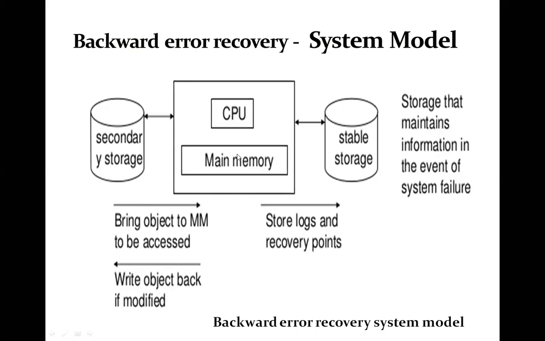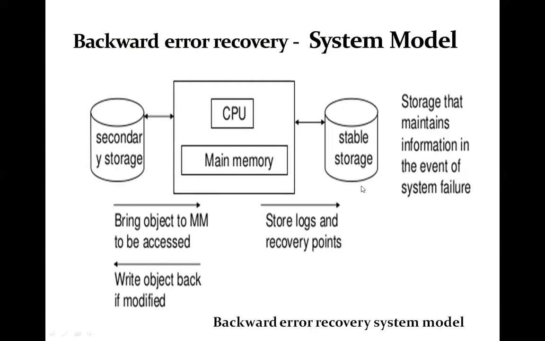The data in the secondary memory is eventually updated when the copy of the object in the main memory is flushed to the disk, either by the paging scheme or when the process updating the object terminates.